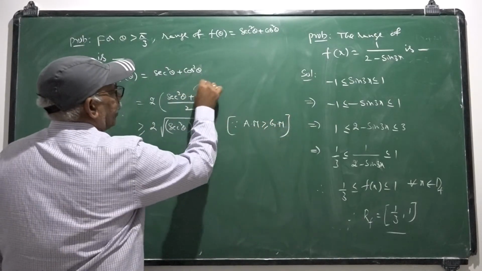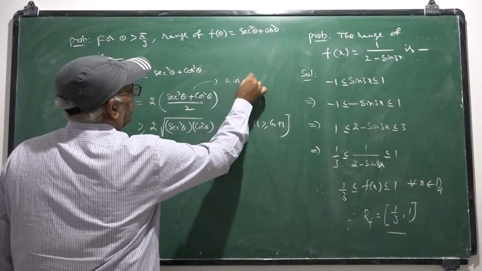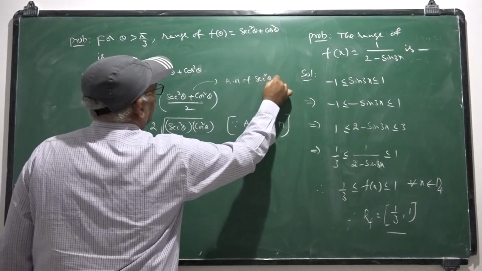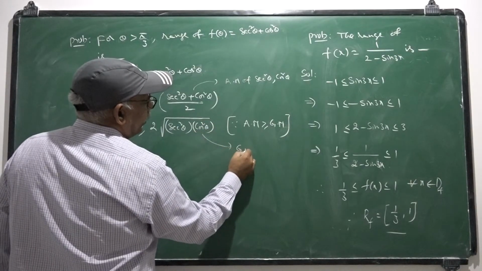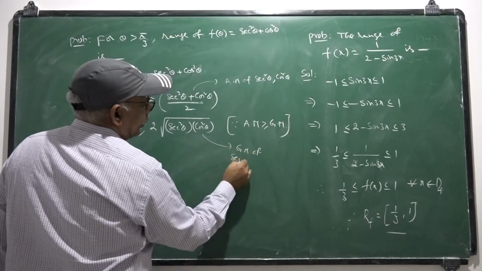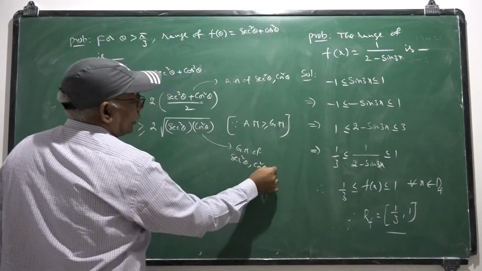This is AM of secant square theta and cos square theta. So this is GM of secant square theta and cos square theta. Okay.